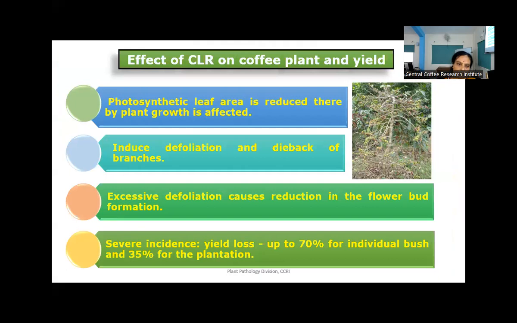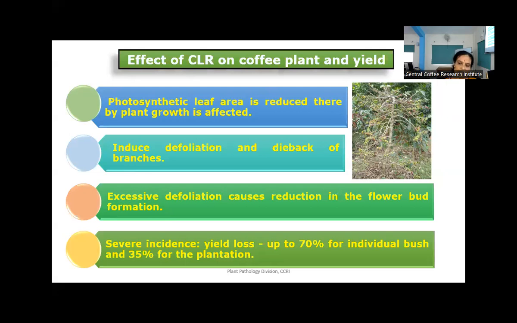Thereby the plant growth is affected. In such conditions, defoliation takes place, and the plant is predisposed to the incidence of dieback disease.